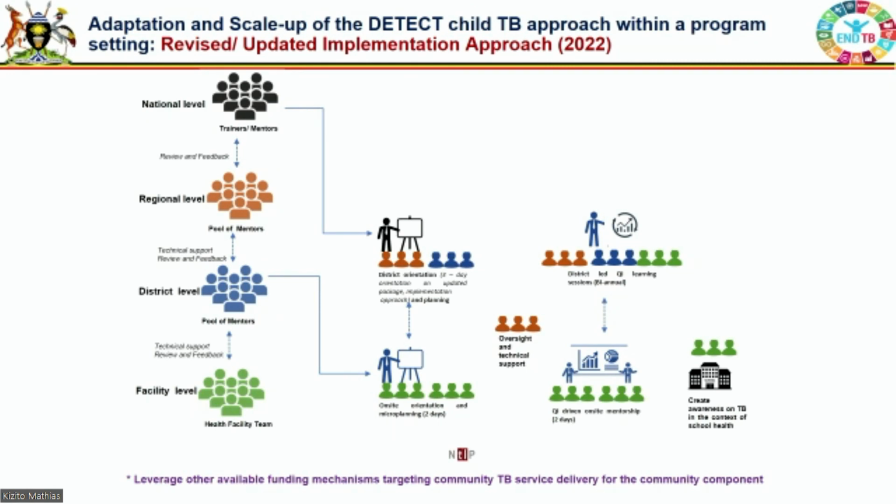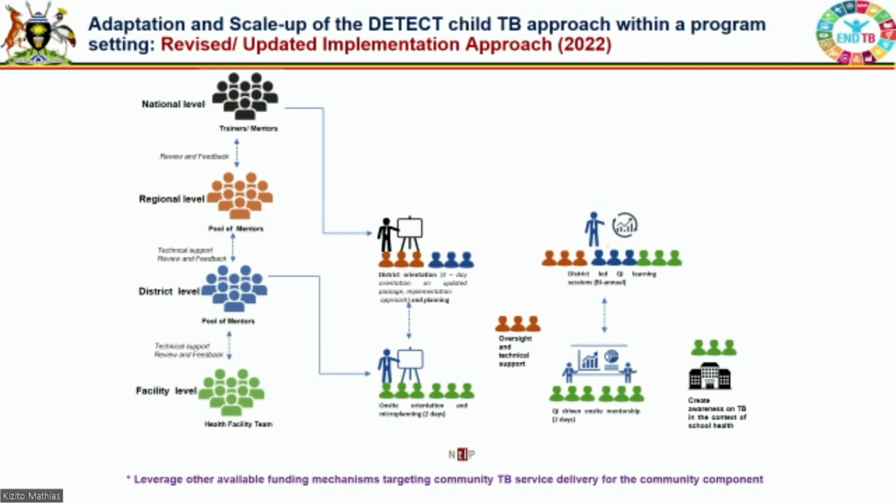The black is national level, the brown or orange is regional, the blue is district, the green is facility. So at national level, we review the package. We also train national level teams who in turn train regional level mentors. So we have identified regional level mentors.